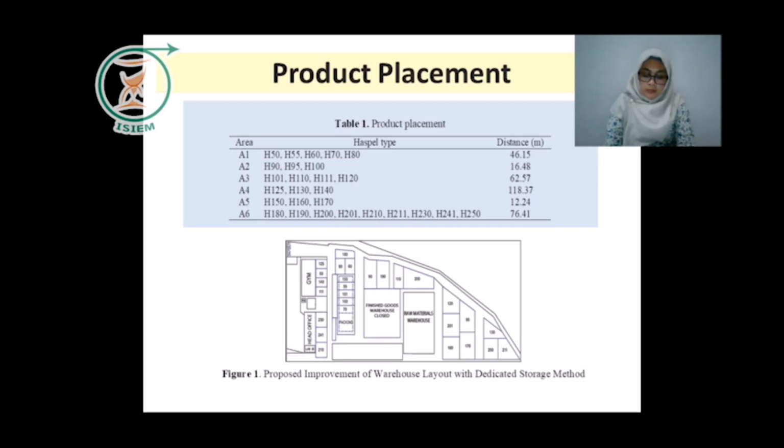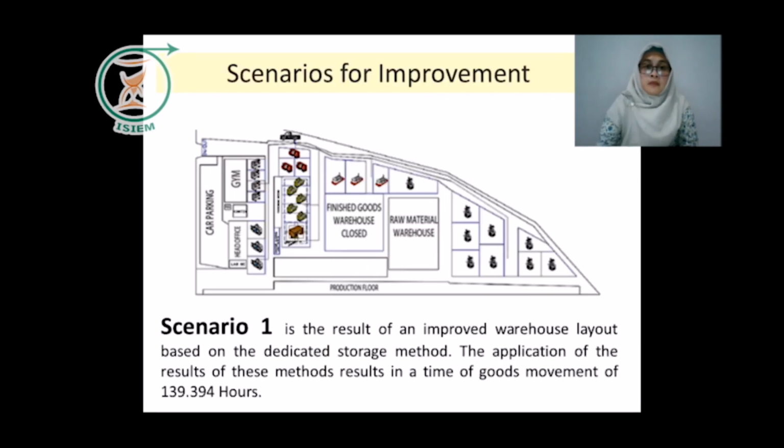With calculation of dedicated storage, we obtain some change in the location of the laying of goods in warehouse. Product placement can be seen in this table, and the proposed improvement of warehouse layout with dedicated storage can be seen in these figures. Scenario for improvement design is made to determine the possibility of preferred solution warehouse layout.